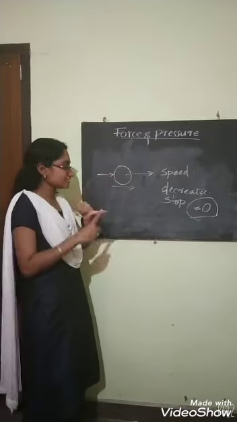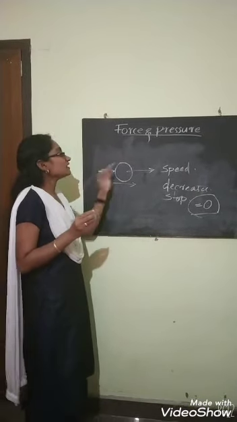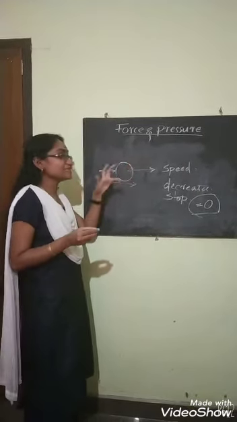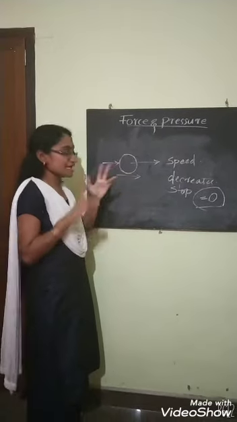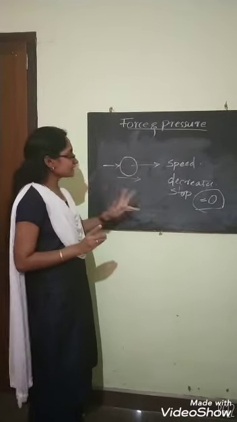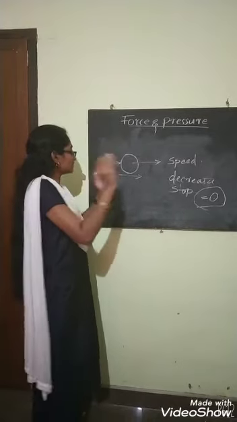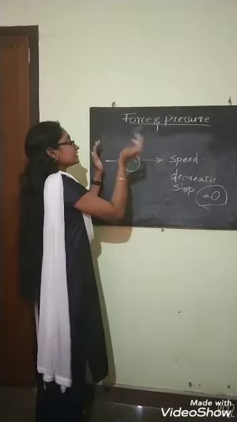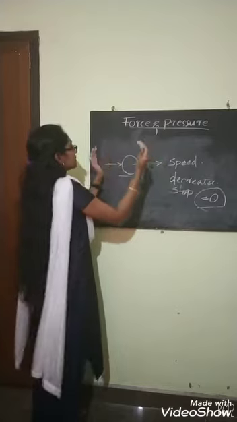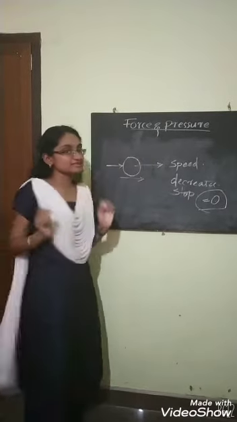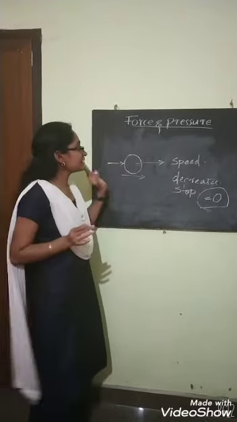That is the first thing. The second thing is, we can give force and decrease the speed of the object. The third thing is that a moving object can stop, or its speed can be turned into 0, by giving a certain force. These are the three points that I explained here.